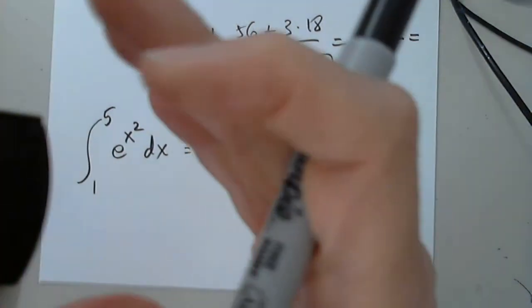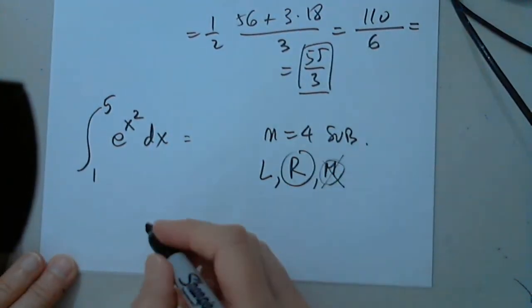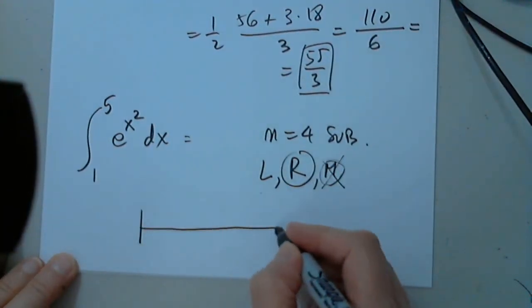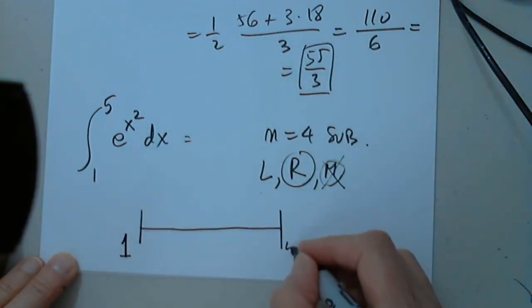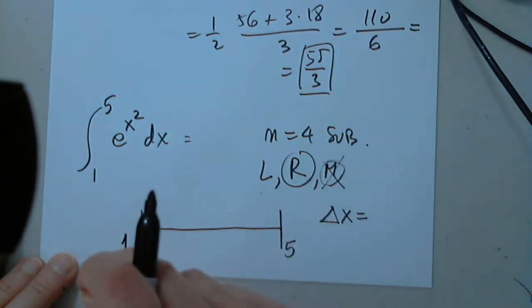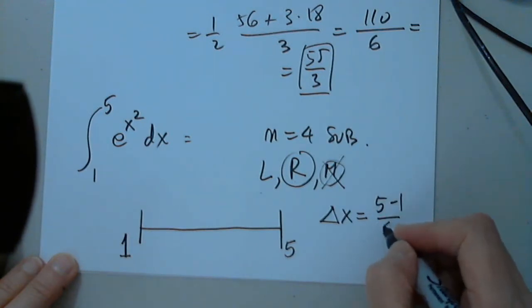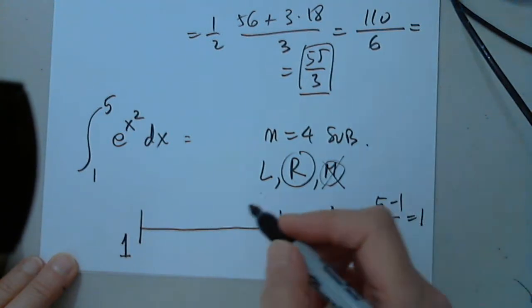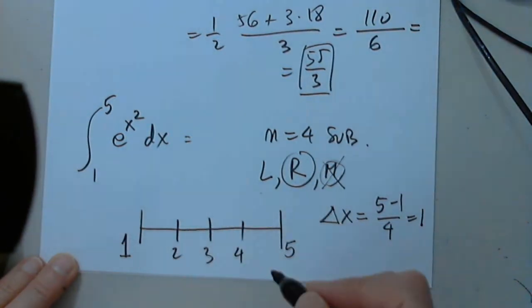The rightmost point. Okay, so for the rightmost point, the first step must be illustrating the interval between 1 and 5. The next step must be delta x. 5 minus 1 over 4. 5 minus 1 over 4 is 1. 2, 3, 4.